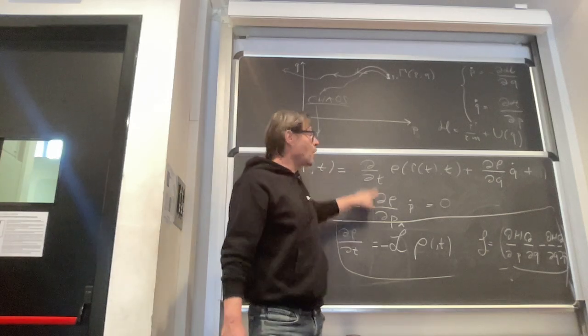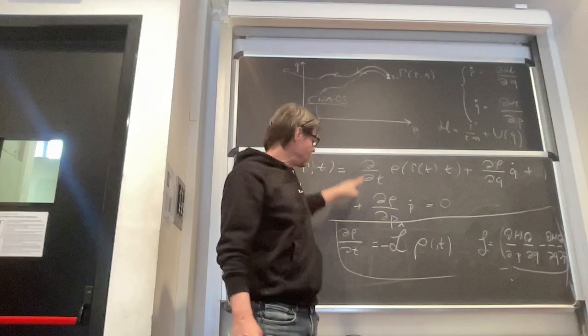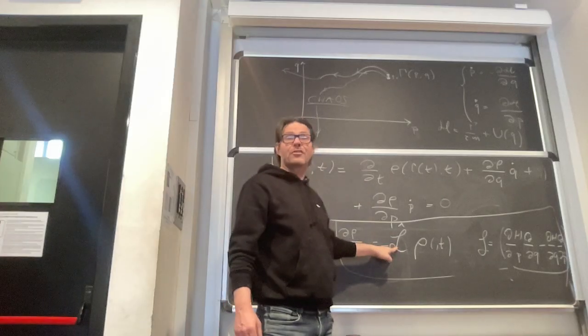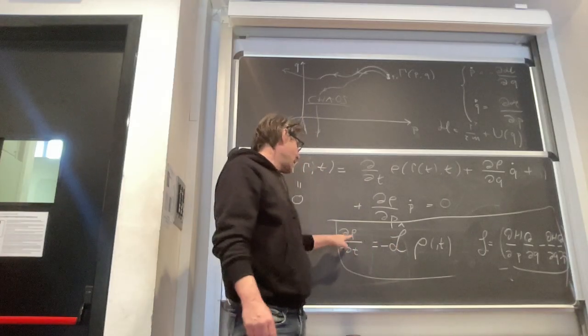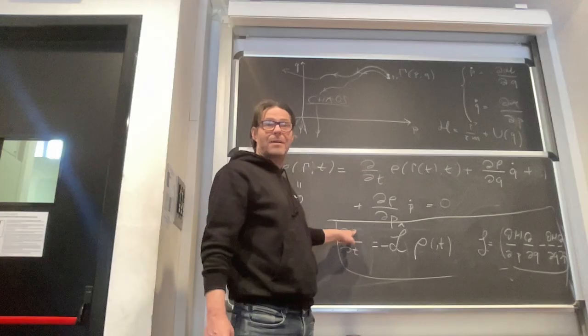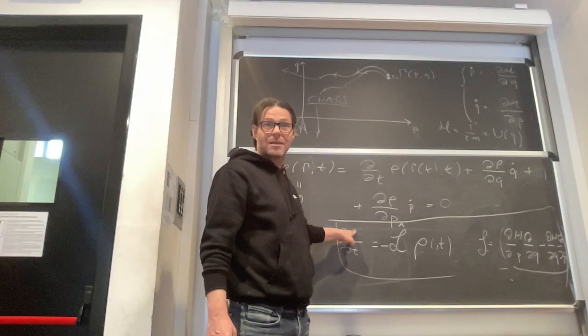And then if you spell out this change in terms of partial derivatives, you get a partial differential equation that tells you how rho of gamma and t evolves in time.